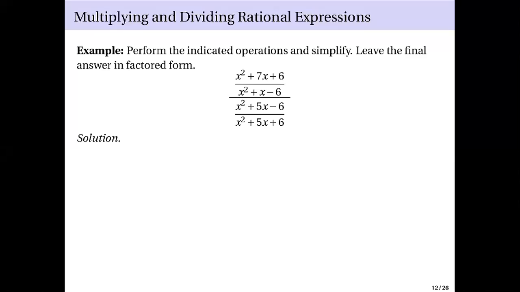So for the next example, we have the following. So x squared plus 7x plus 6 over x squared plus x minus 6 all over x squared plus 5x minus 6 over x squared plus 5x plus 6. So again, we want to simplify this and look at that emphasis.